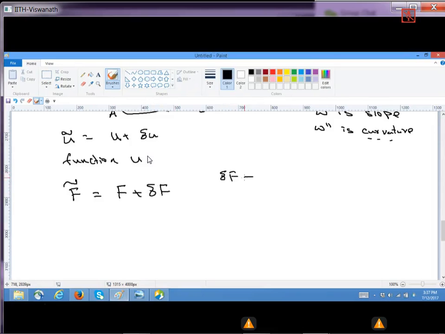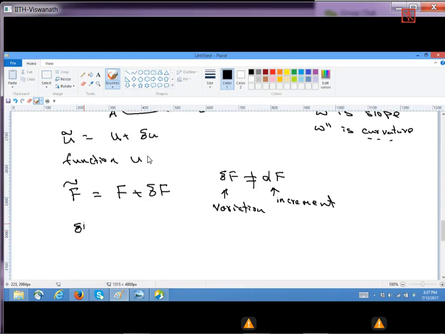Delta f is not the same as df. For a single variable, df is the change in the function. But delta f is not the change in the function, it is the deviation of the function. df is a small increment, delta f is a variation. So don't confuse between df and delta f, they are both different.